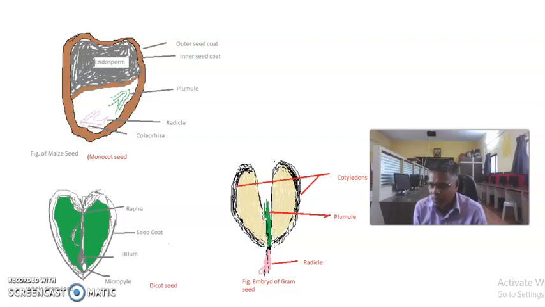In monocot type seed, there is only one cotyledon. The shape and size of embryo vary in species.